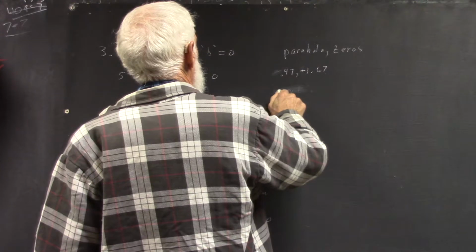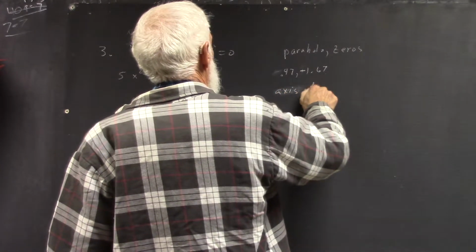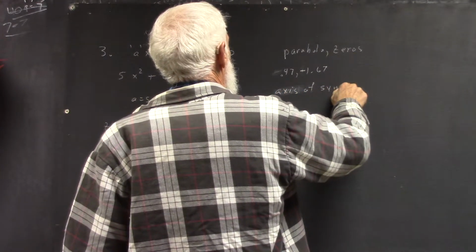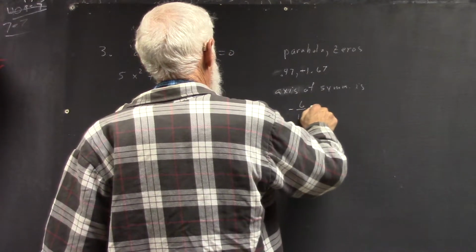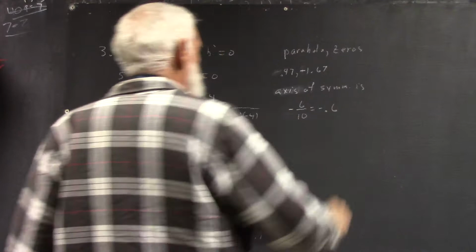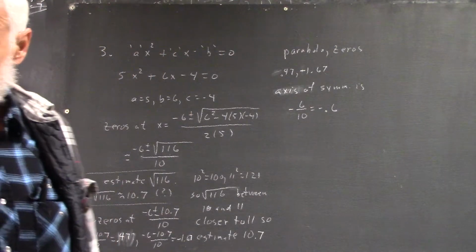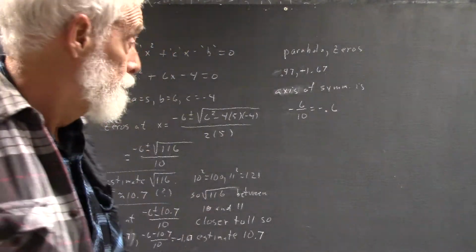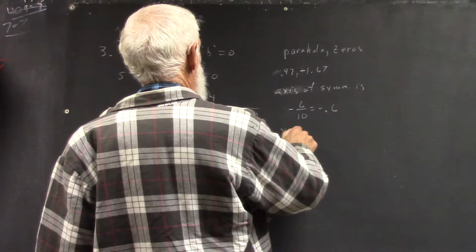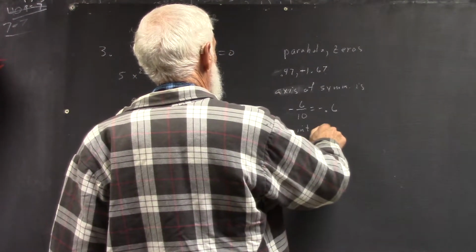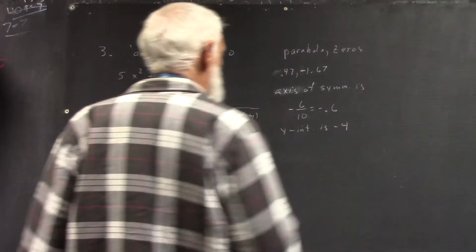Well, axis of symmetry: negative 6 over 10, negative 0.6. The y-intercept is negative 4.